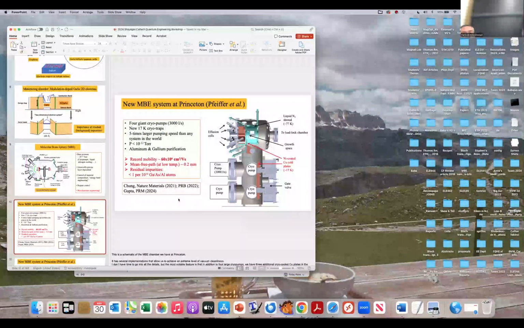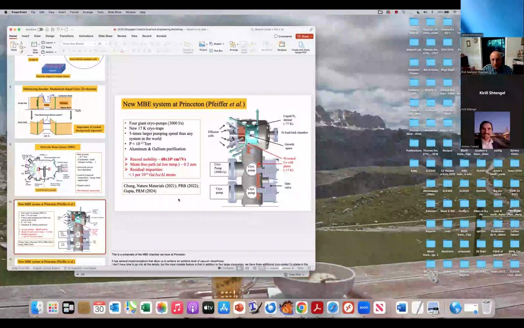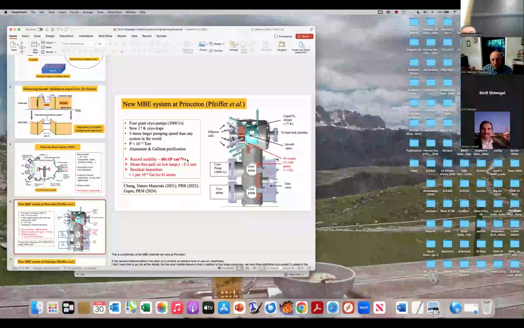There are models that relate mobility to the number of impurities in the 2D electron system. From the mobility value, we know that it is less than 1 per 10 to the 10.